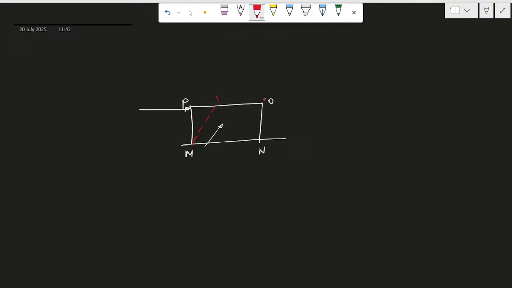This P comes to this point P dash. I am showing a little bit more deformation, though it could be very small, just to make you understand this concept. This P comes to P dash, and this O comes to O dash. So now the shape of the rectangle becomes this deformed shape.